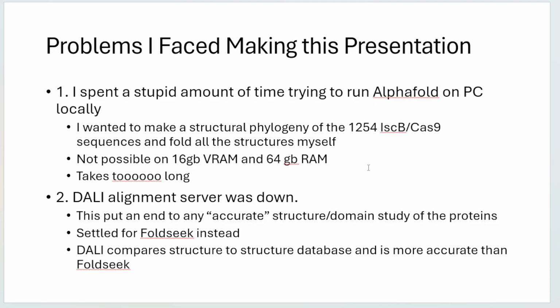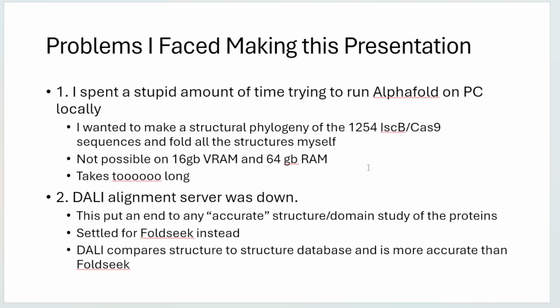In a nutshell, you need to download the database and compare all the structures that you want, the 1254, to the database. How big is this database, you wonder? Well, the ones I downloaded equated to 2.76 terabytes of memory.